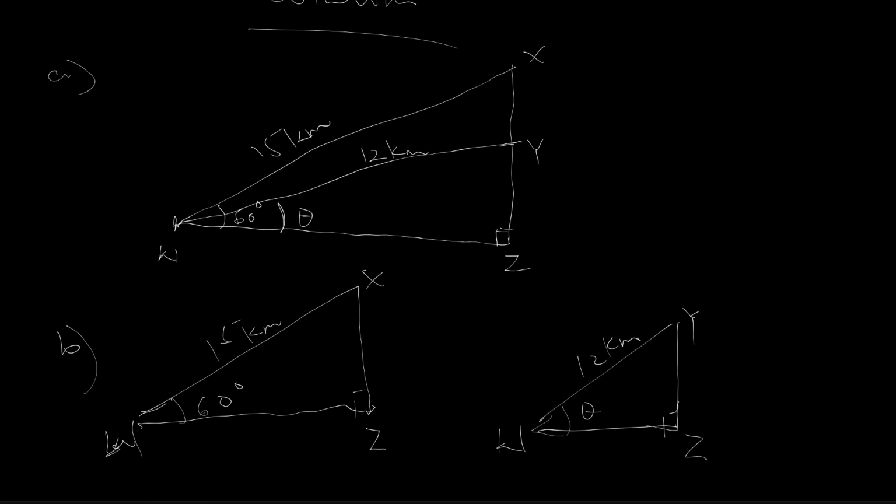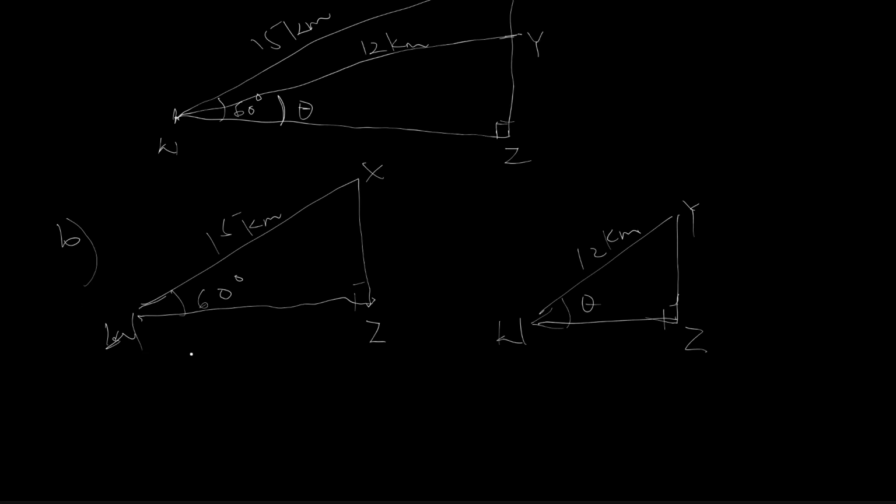So first, we need WZ. This is the adjacent. This is the opposite. So to find WZ, we can use cos. So cos 60 is equal to adjacent, which is WZ, over hypotenuse, and our hypotenuse in this case is 15.